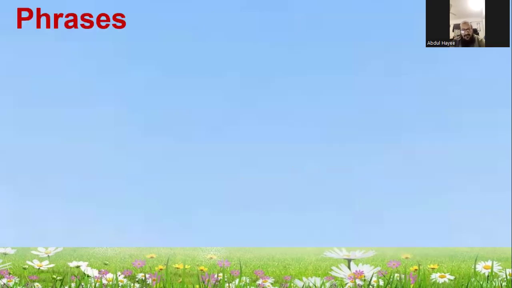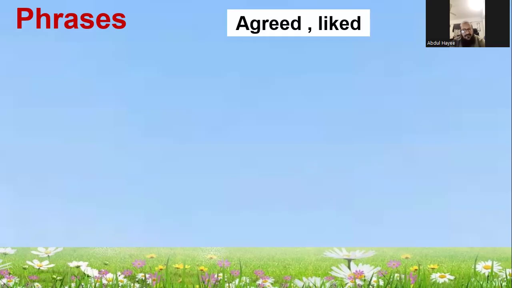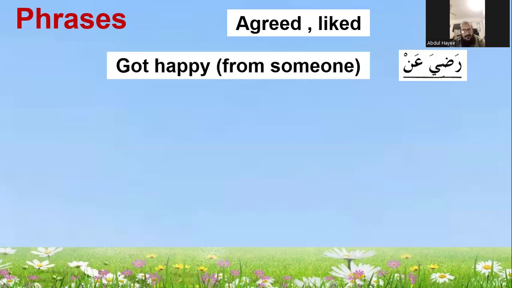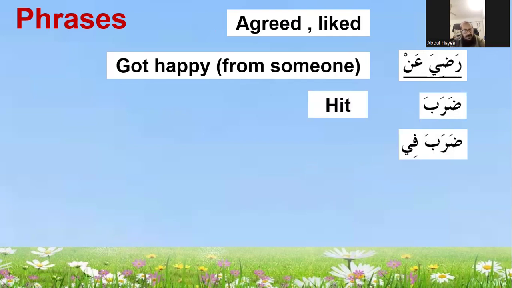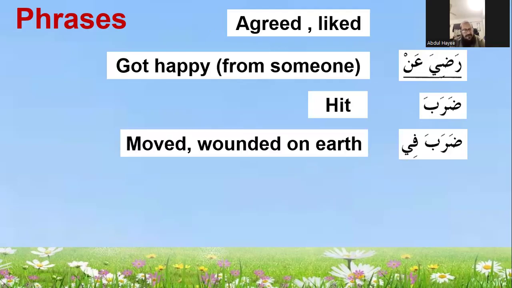There is a word radiya, meaning agreed, liked. Radiya anhu, got happy with somebody. Radiyallahu ta'ala anhu. Daraba means hit, but when it comes daraba fi, it means moved, wandered on the earth.